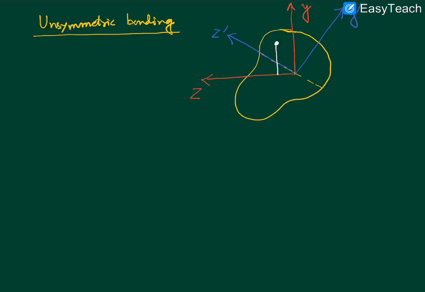Okay, I've dropped a vertical from this on the z-axis. Next, I recognize that, referring to the z-dash axis, this will have a coordinate y dash here. So this length that I have just drawn will be y dash.